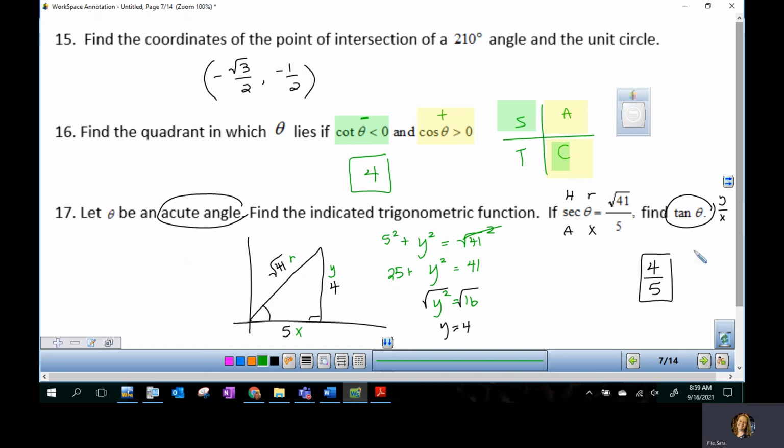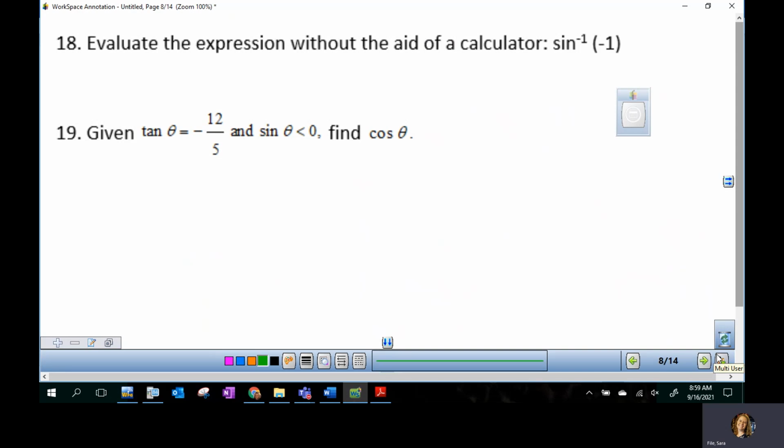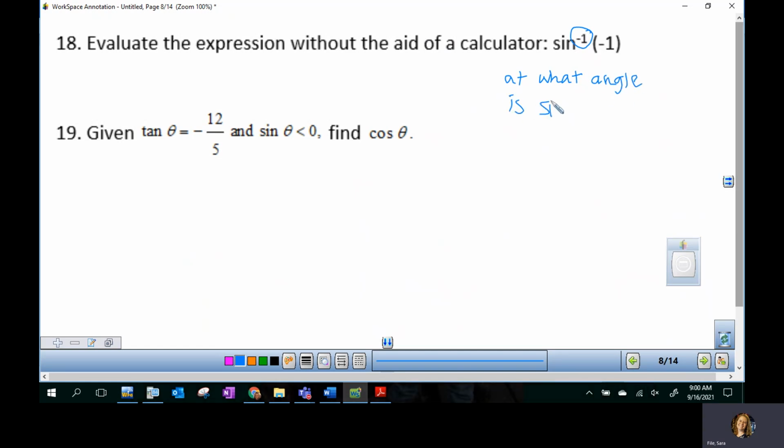Okay, I'm gonna try and squeeze in 18. I know the bell's gonna ring, but somebody in here had asked about 18, so I wanna make sure and answer it. Questions we didn't get to, the video will be posted, okay? 18, oh, this is actually a quick one. When you see inverse trig, whether it's inverse sine, inverse cosine, or inverse tangent, inverse is how we find a missing angle, right? So this is asking at what angle is sine -1.